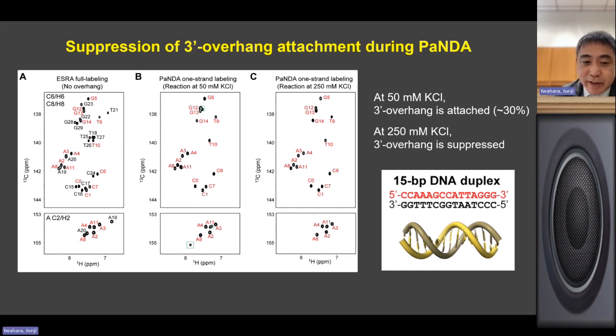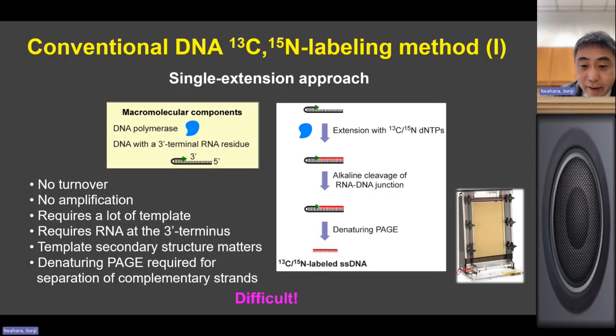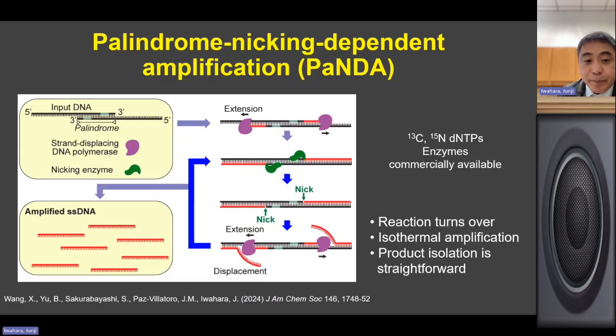So this is a special DNA polymerase, and basically you have to use a DNA polymerase that has this activity. And Bst 2.0 DNA polymerase is one of the commercially available strand displacing DNA polymerases.